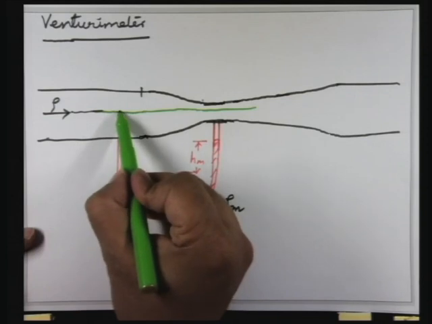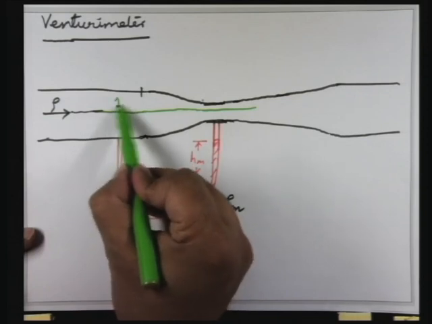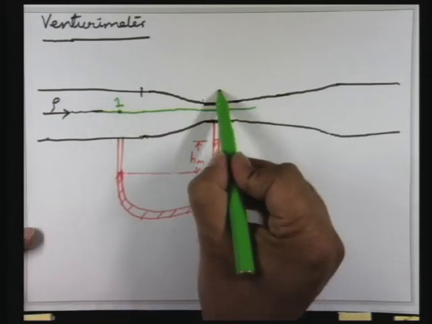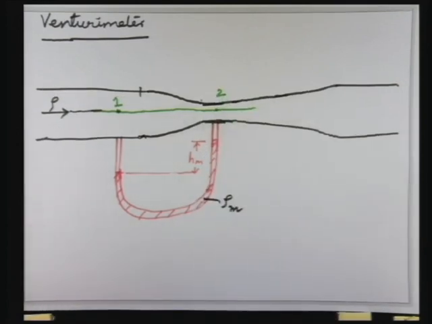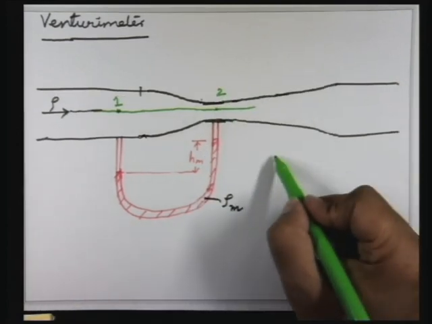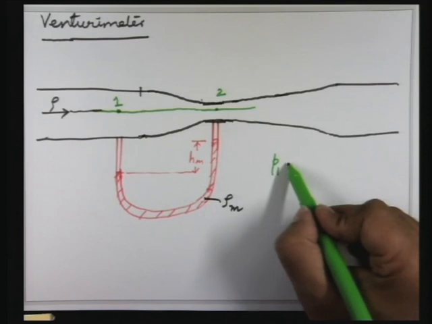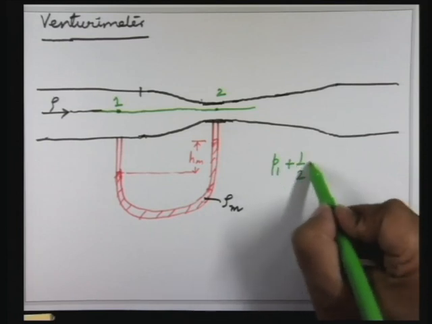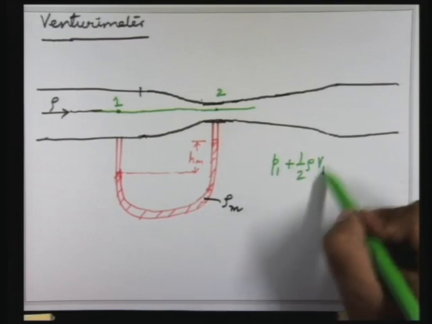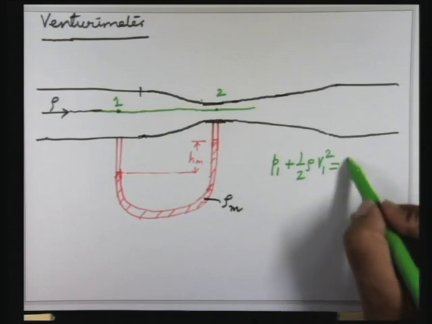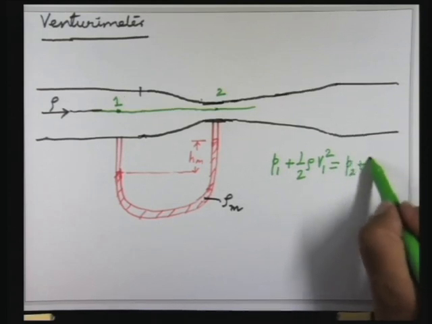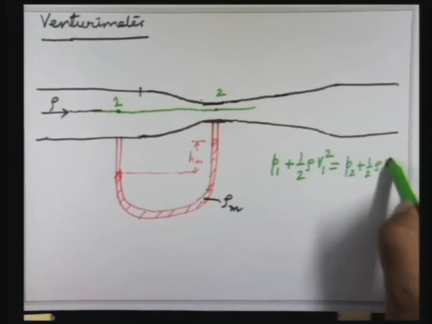And you can apply Bernoulli's equation between point 1 and point 2, and that will give you P1 plus half rho V1 squared equal to P2 plus half rho V2 squared.